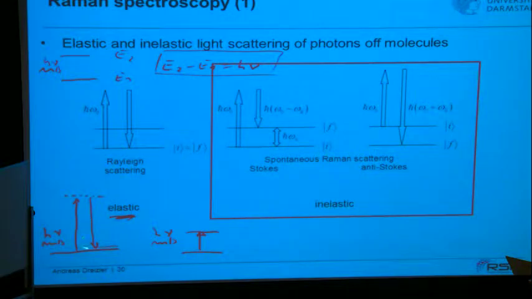It must return back to an allowed state. And it returns either back to where it came from, and then the scattered radiation has the identical frequency as the exciting one, or it returns to another one, and thereby it sees a certain frequency shift. Okay, that gave me a good way to explain it again. Is it clearer now? Okay.